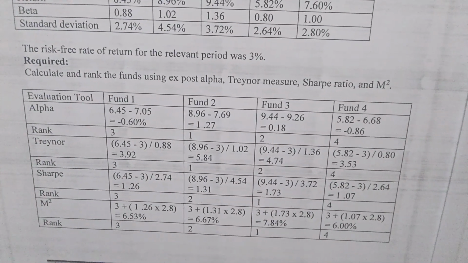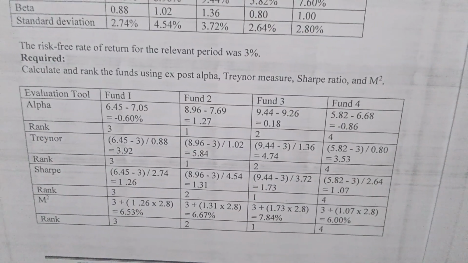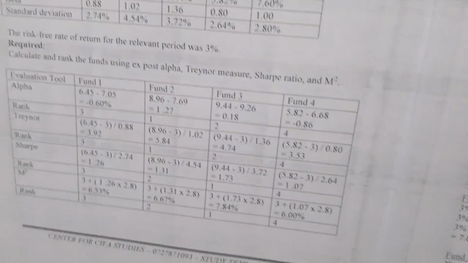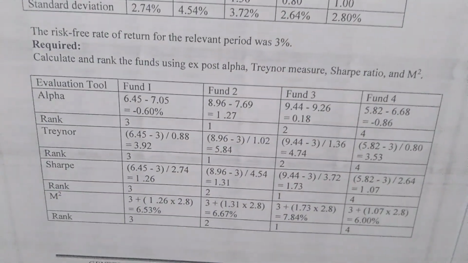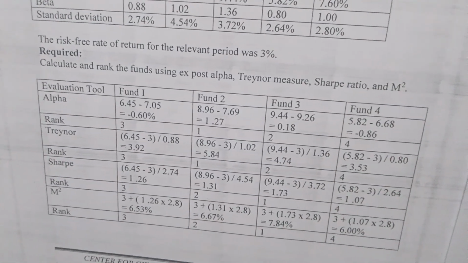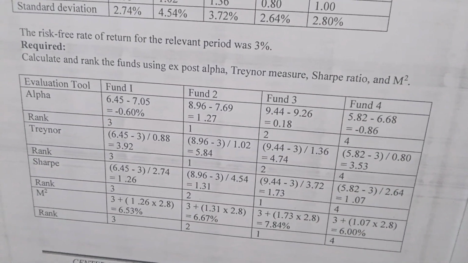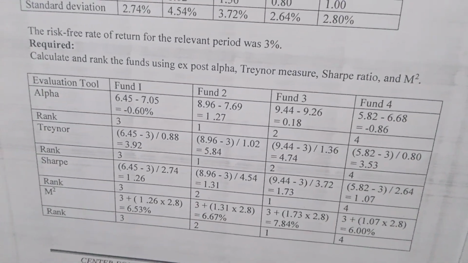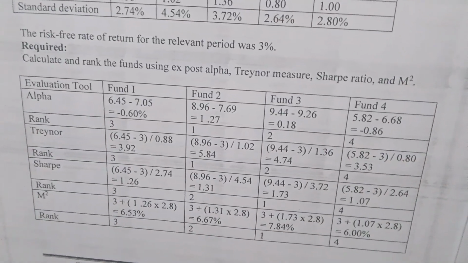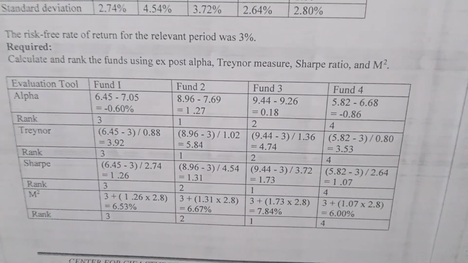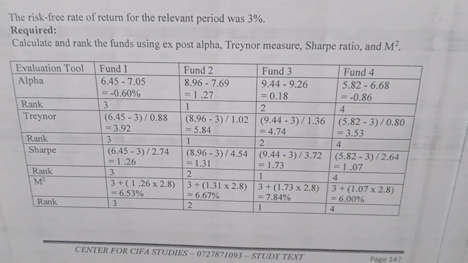Let's take up the solution. So you arrange your work that way. You start by showing the evaluation tool, whereby you have the alpha, then Treynor, Sharpe's, and Modigliani, or MM, or M squared.